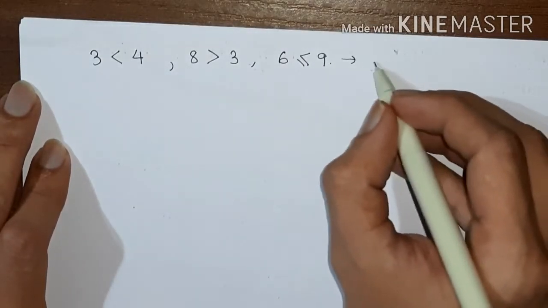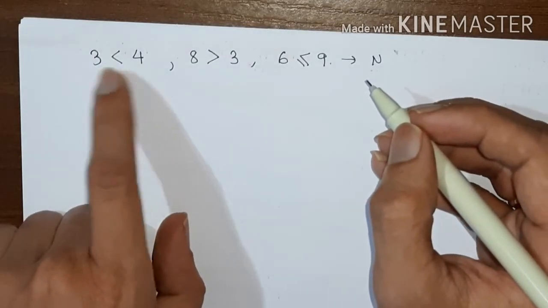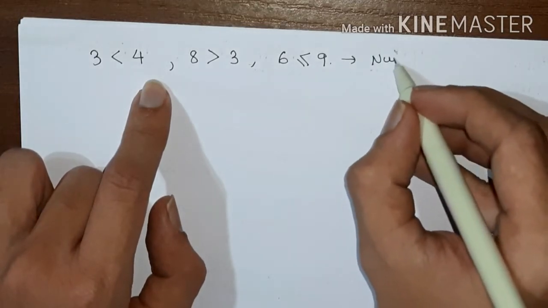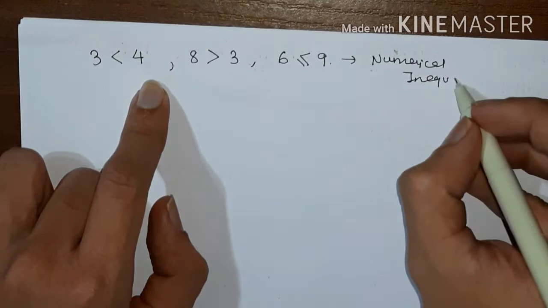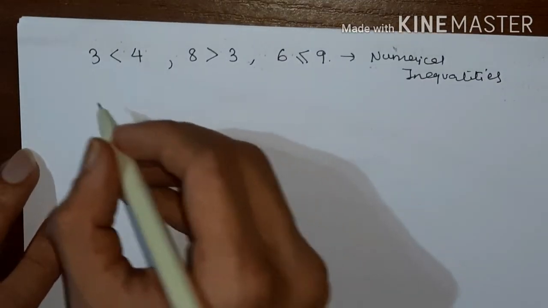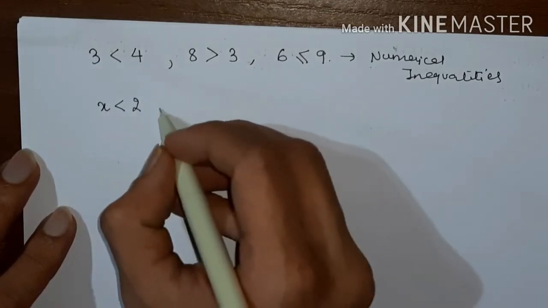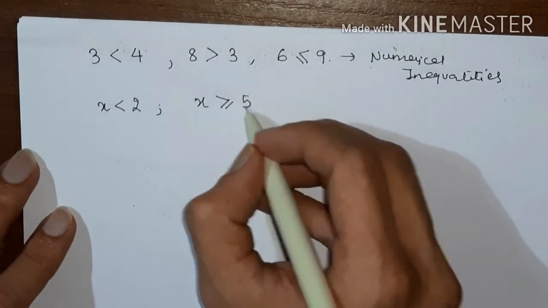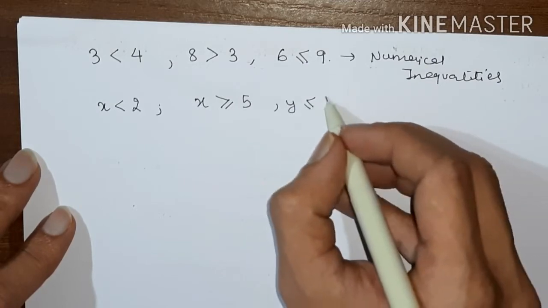These are inequalities wherein the quantities are numbers only, so they are known as numerical inequalities. Now suppose you have inequalities of the type x less than 2, or x greater than or equal to 5, or y less than or equal to 4.